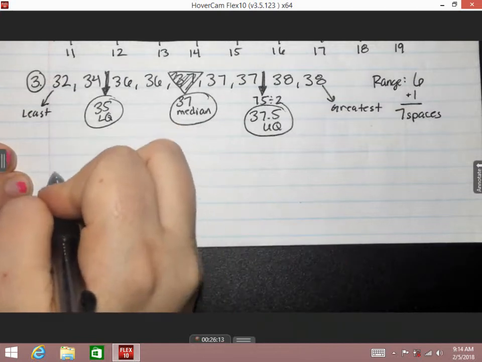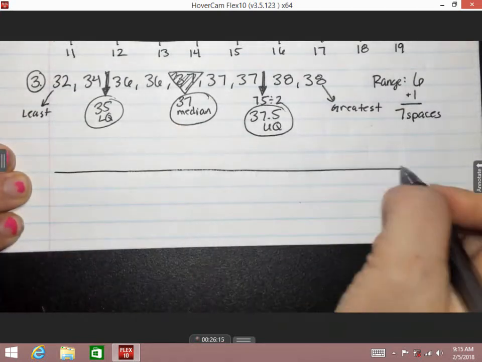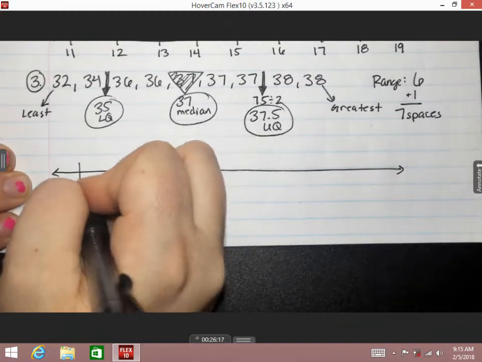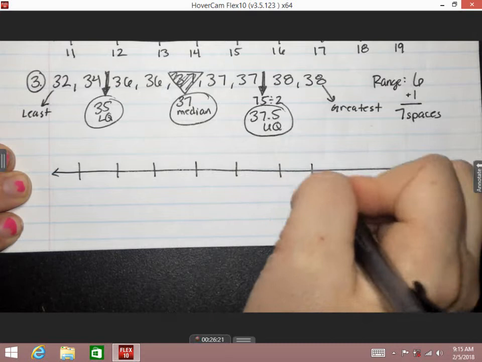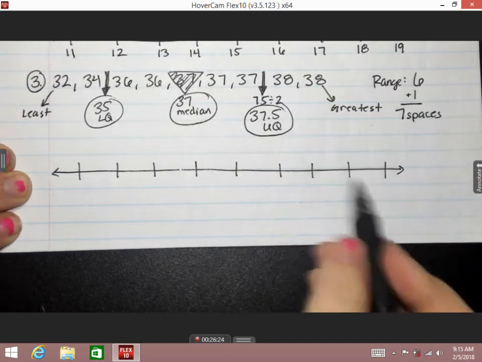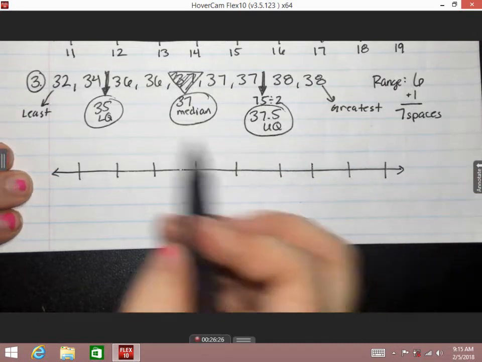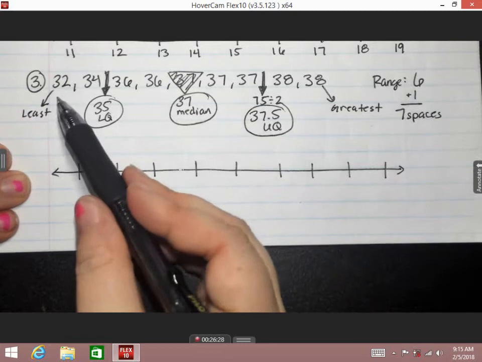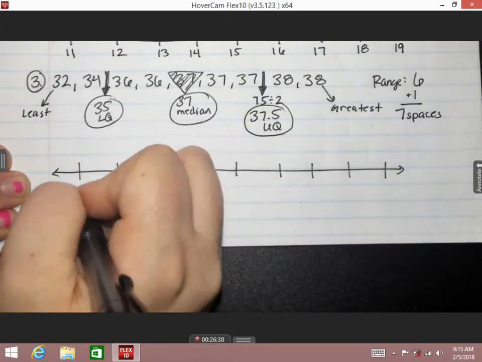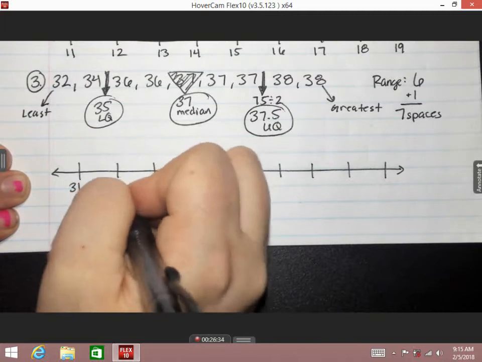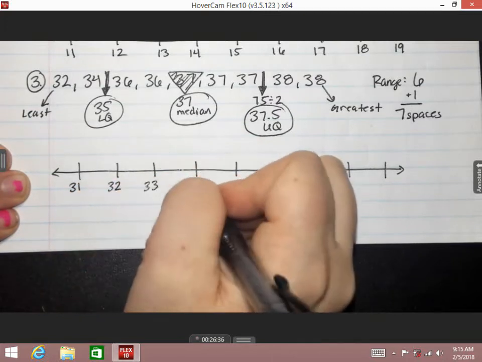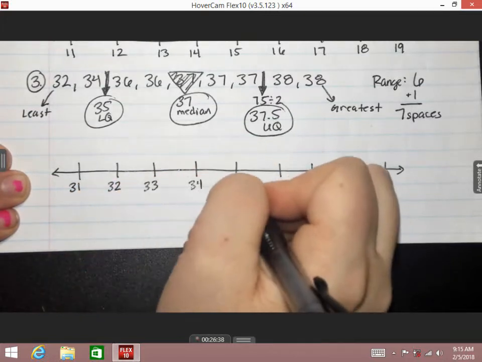All right, number line. I'm going to skip a little bit of space. I need 7. 1, 2, 3, 4, 5, 6, 7, 8, 9. Since I have more spaces than I need, instead of starting at 32, let's start at 31. So 31 then 33, 34, 35.